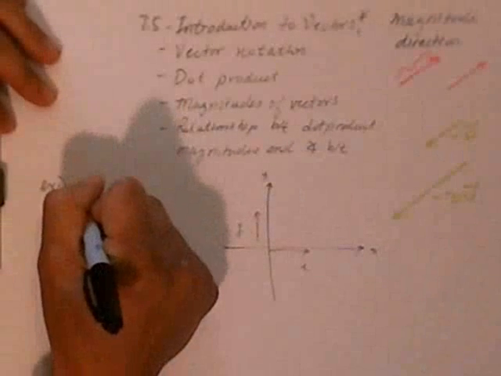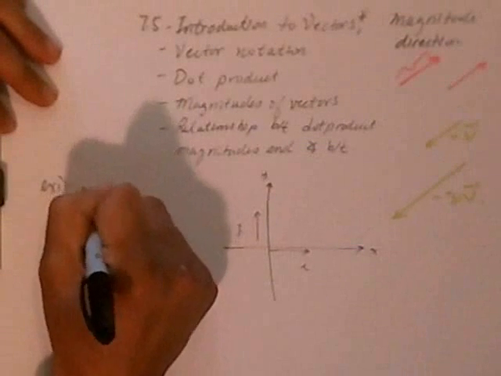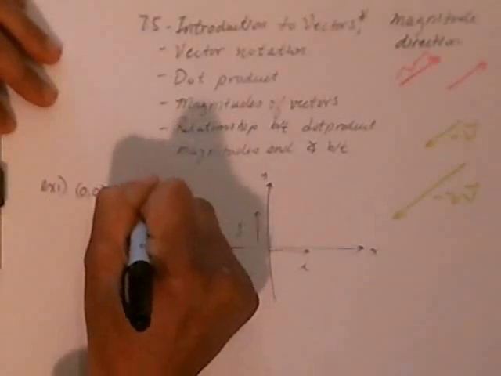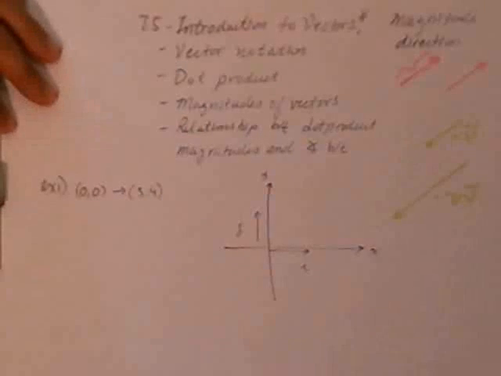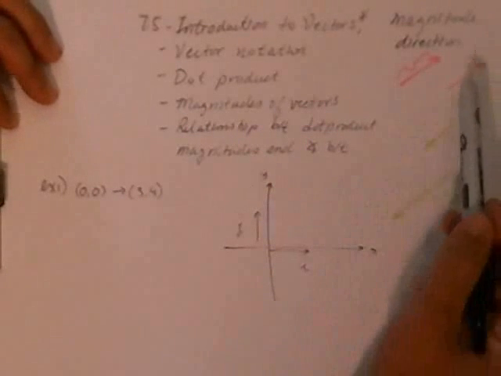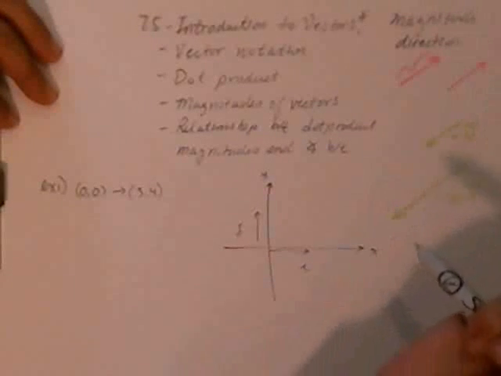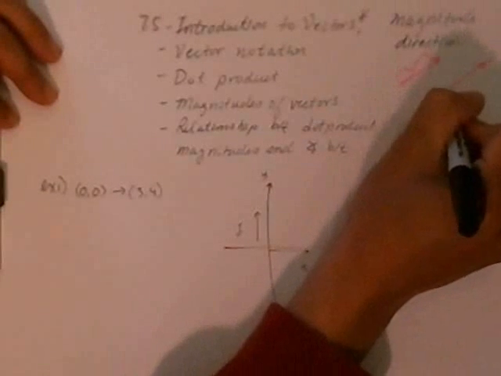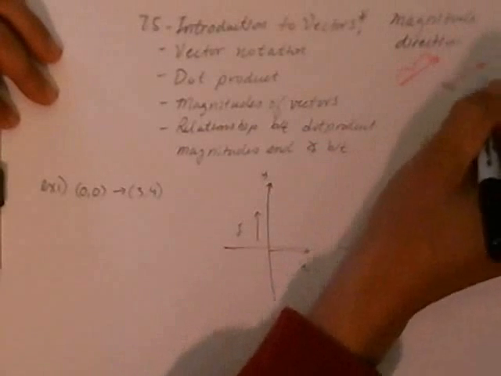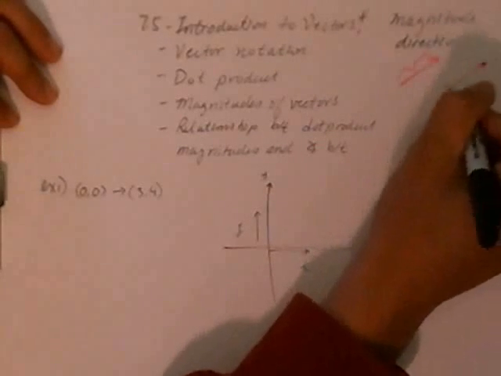You have a point at the origin, and it's going through 3, 4. One of the things about vectors, it has to have a tail. That's your tail, like in the arrow, the quiver portion. So it has to have a quiver right here. And then it has to have a head. That's your head, that's your tail.